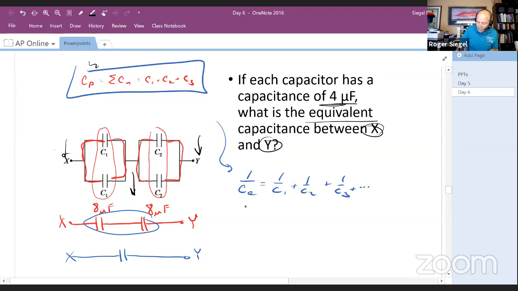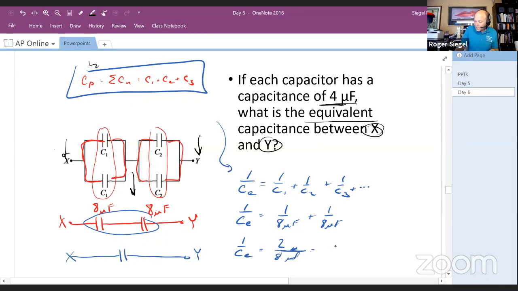That means 1 over C equivalent is 1 over 8 microfarads plus 1 over 8 microfarads. So 1 over C equivalent is 2 over 8 microfarads, with the microfarads in the bottom there.